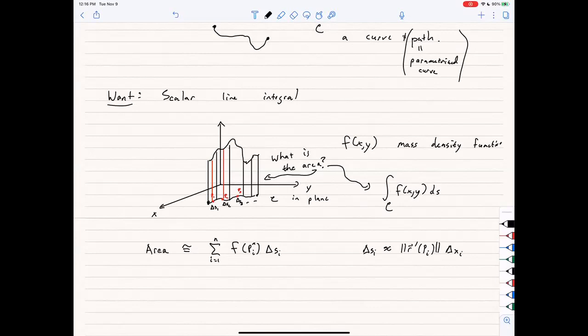Sorry, I should use t here. Here, R is a parametrization of the curve.